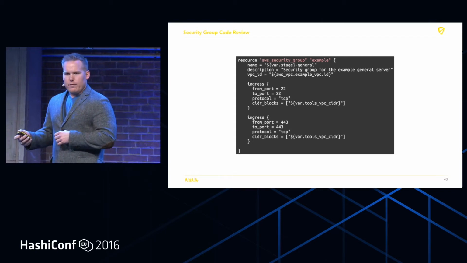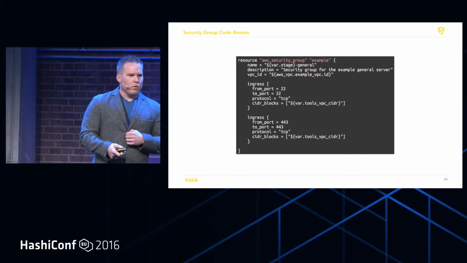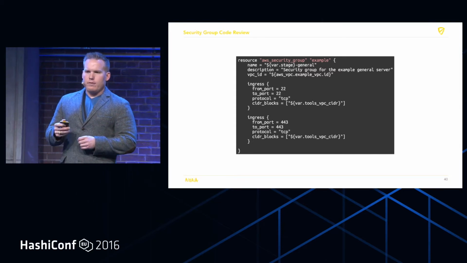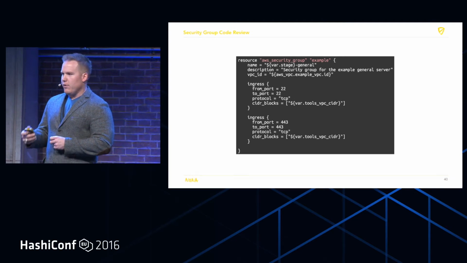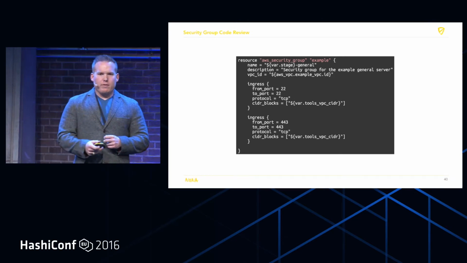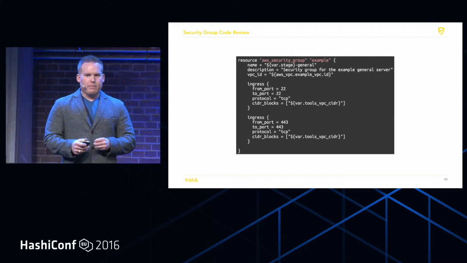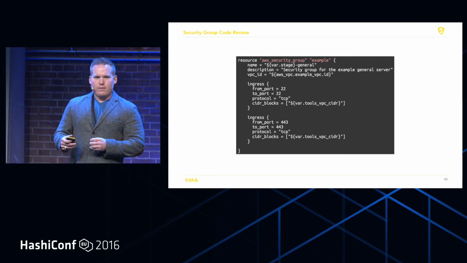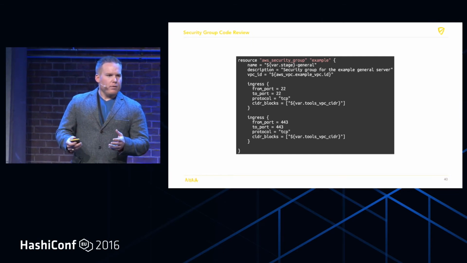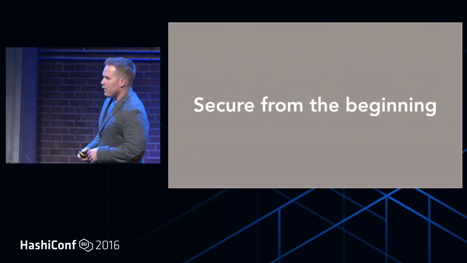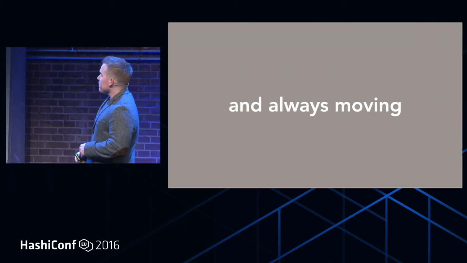And then also, if you don't understand the underlyings of how things work with AWS, if you actually CloudForm a security group and don't necessarily explicitly say an egress rule, you get all egress by default. So you might look at something and say, oh, this doesn't have egress, that's perfect, and then not know that that instance is open to the world for outbound. And that'll be the first thing your attacker finds. So force change, be secure from the beginning, and be always moving.